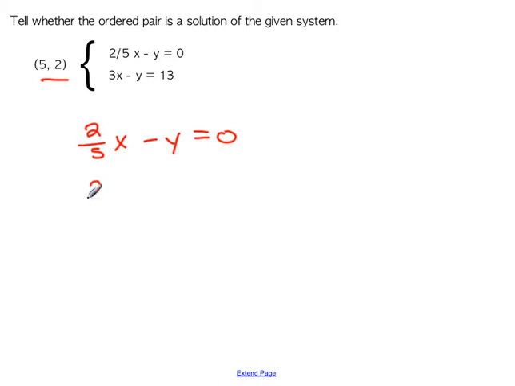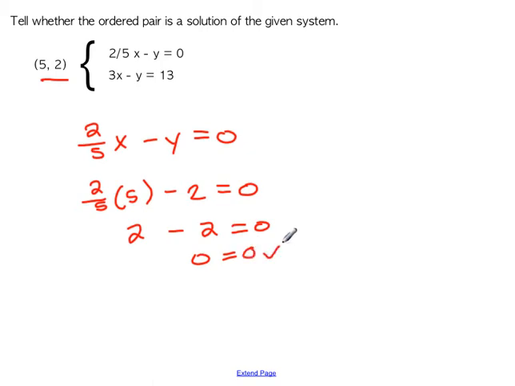So 2/5 of 5 minus 2 equals 0. 2/5 times 5 is going to be 10 over 5, which is going to reduce to 2. 2 minus 2 equals 0. So 0 equals 0, so that one checks. So it's true for the first equation.